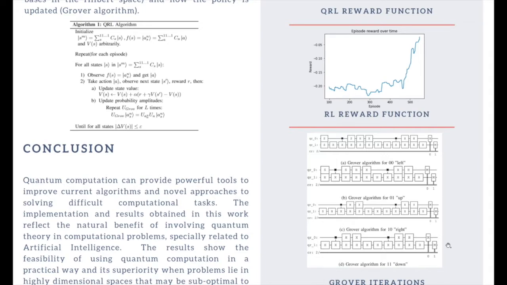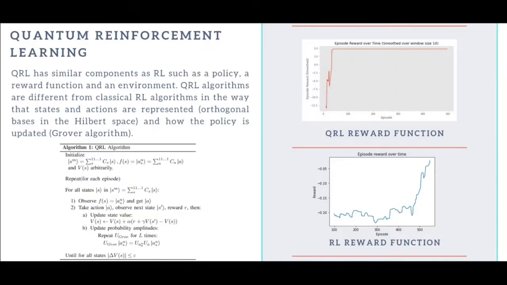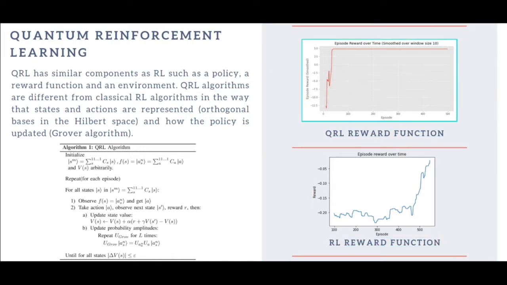Now, Miguel is going to show you the results of the experimentation and the conclusions. In the reward function graphs from the quantum reinforcement learning and the classical reinforcement learning, we can see that there is a clear advantage of using the quantum reinforcement learning algorithms. The quantum reinforcement learning reaches a maximal reward function much sooner in terms of episodes than the classical counterpart.